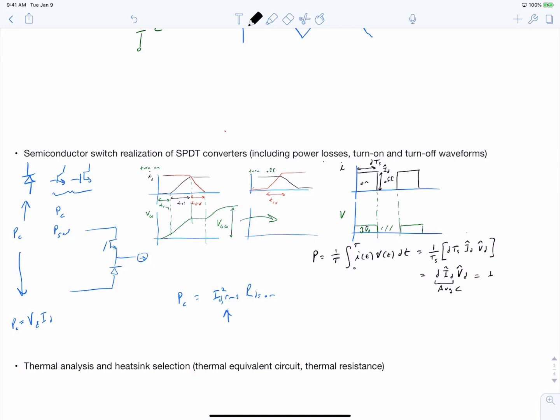So this is equal to ID times our voltage drop. So this looks like our diode's conduction equation.